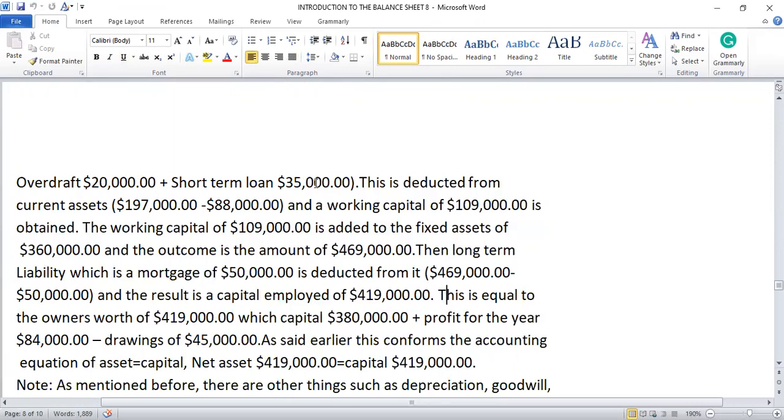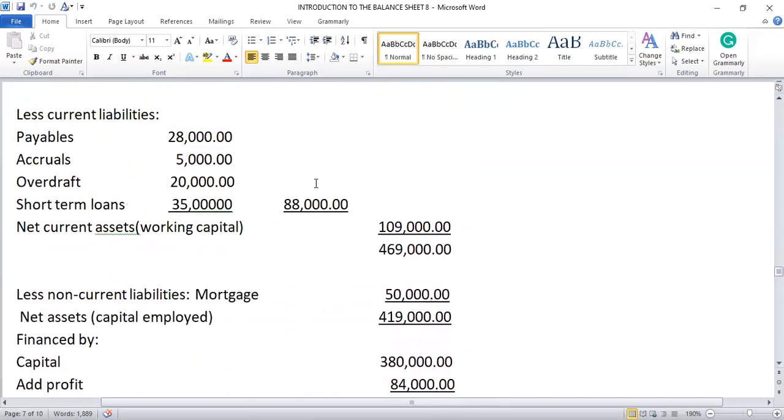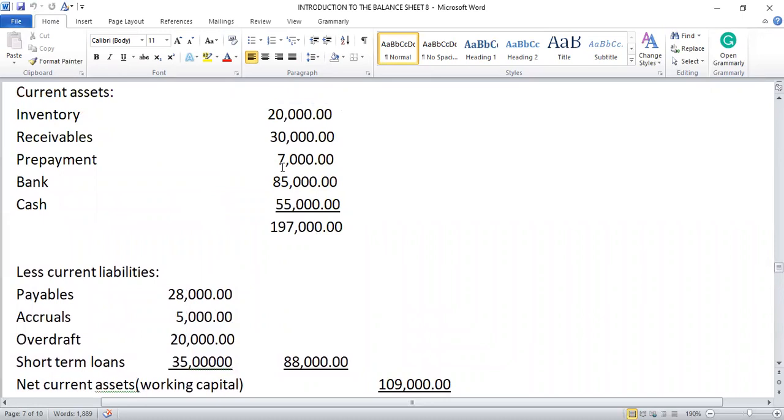So this figure is the total of the current liabilities. Payables, $28,000, accruals, $5,000, overdraft, $20,000, then short-term loan, $35,000. So this $88,000 I'm talking about is the total current liabilities. We deduct it from the total current assets, which is $197,000.